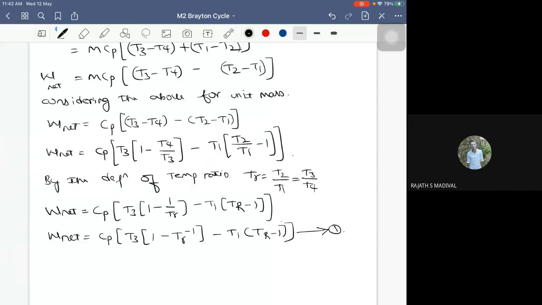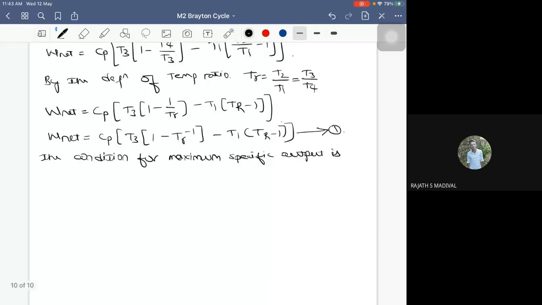Okay? Next. Look at this, the condition for maximum specific output. For your work output from the turbine to be good, there is one condition.